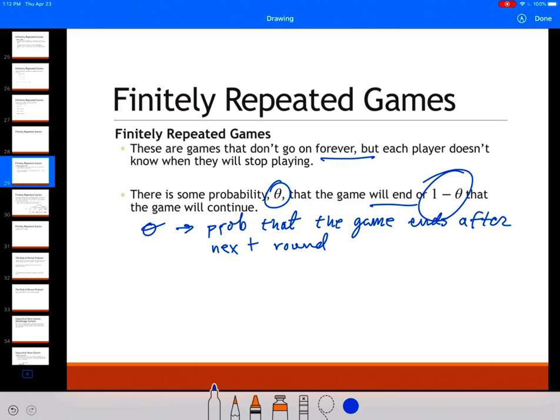So if there's a 40% chance that the game is going to end after this round, then that means there's a 60% chance, 1 minus the 40% chance, right? So 1 minus theta is the probability that the game continues, okay? So if theta is the probability the game ends, 1 minus theta is the probability that the game continues, okay?